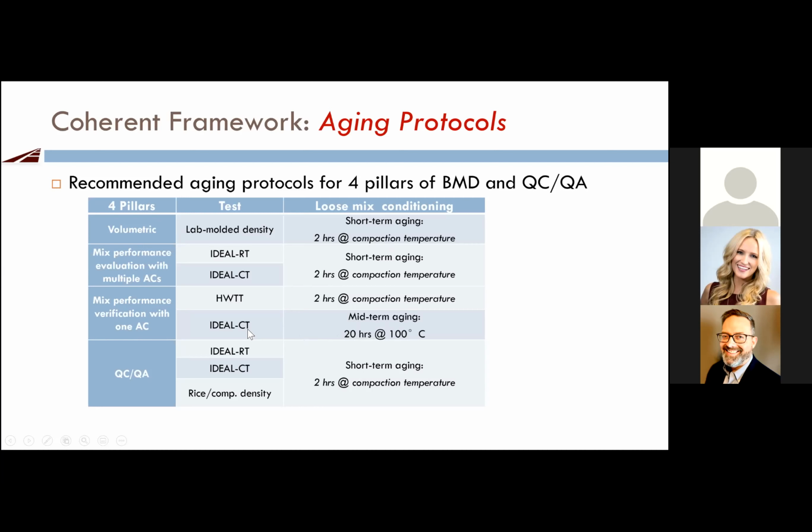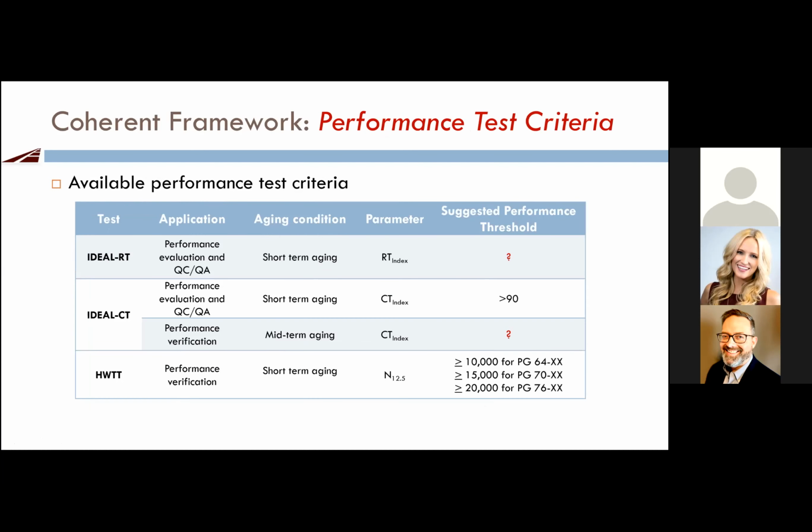That's the beauty: this recommended framework and protocol is very efficient in both testing and aging. And the next step is acceptance criteria. We have the tests, we perform the tests, we pick the aging protocol, and the next one is acceptance criteria.